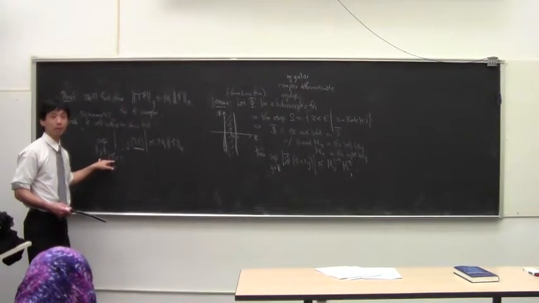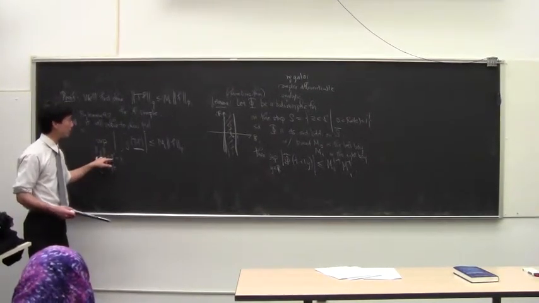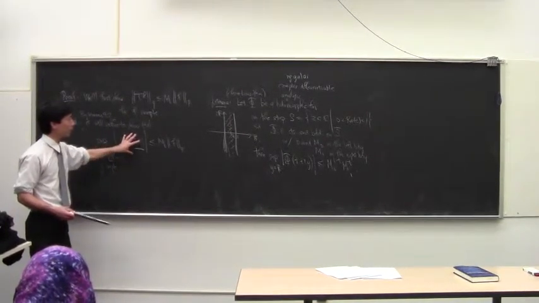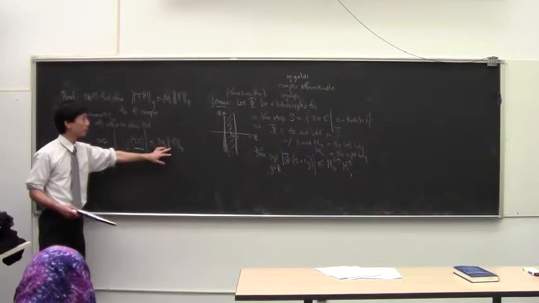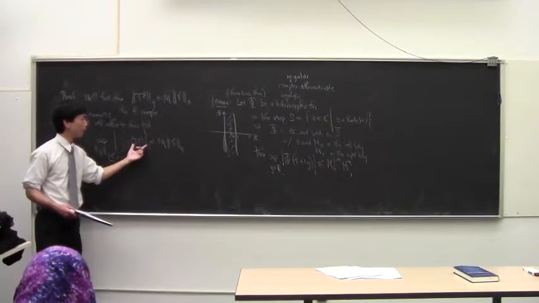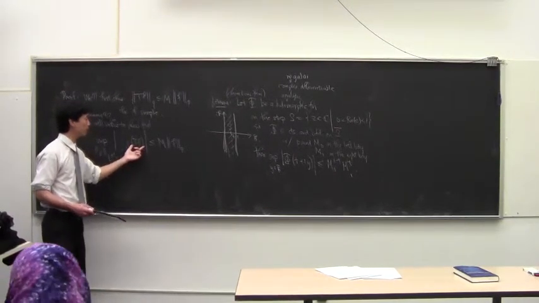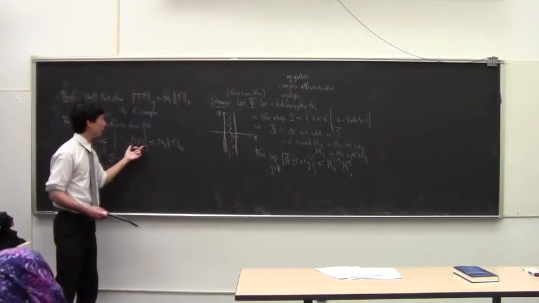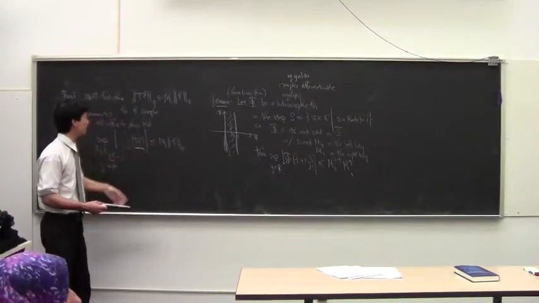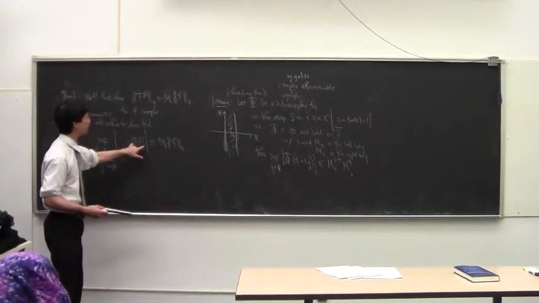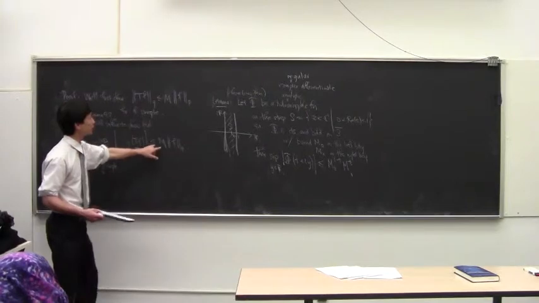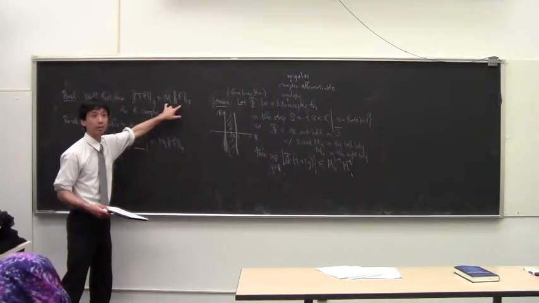You integrate them against these guys, you get some bound on it. That bound turns out to be the LQ norm of this. So if we can get this, what that tells us is that the LQ norm of TF is controlled by this.